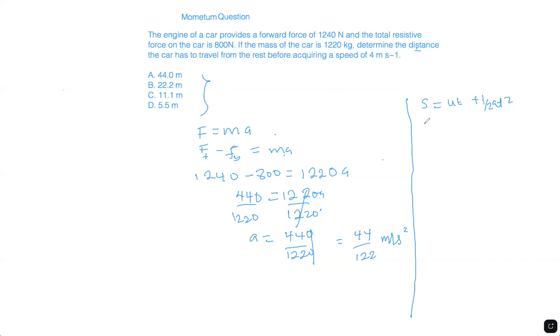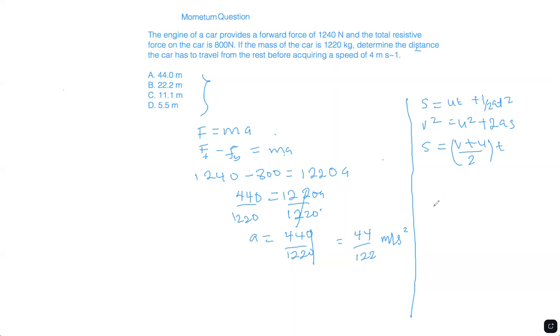That's one. There's another formula that says v square is equal to u square plus 2as. There's also another formula that says s is equal to (v plus u) all over 2, times t. Then you determine which one to use.